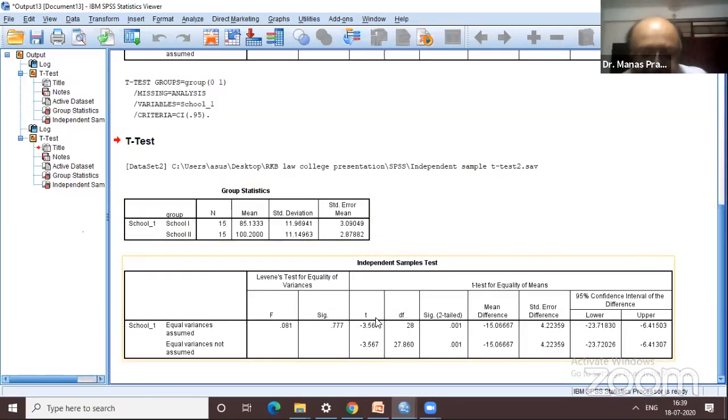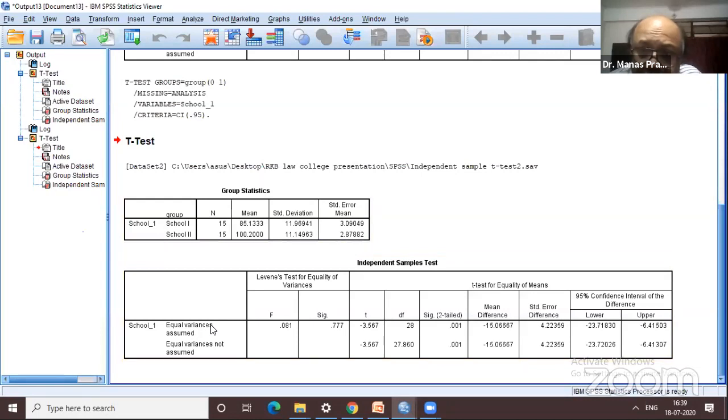So actually, I don't know whether Hazarika sir told you or not, the two sample t-test has two different formulas.